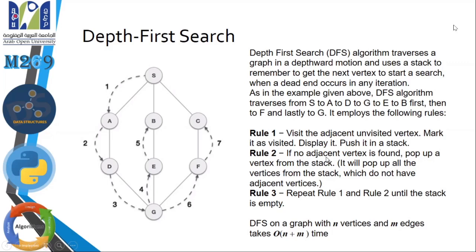And if there is an adjacent, you will select one. But if there is none, it will be popped. Pop, you know that in a stack, we say pop, it means delete, remove. Only one. And from that one, you will repeat the rules.